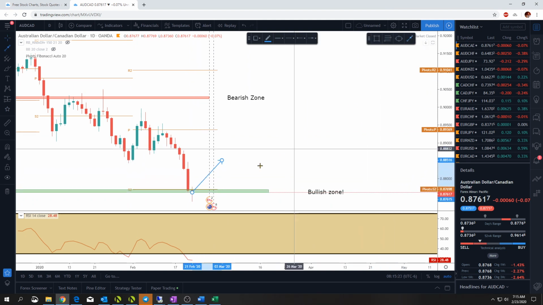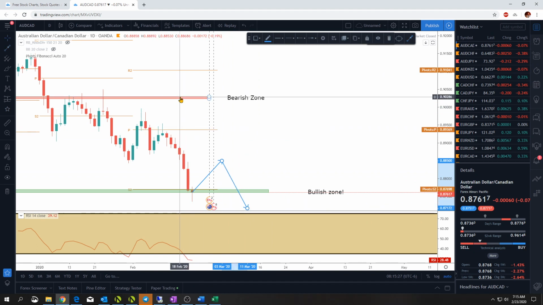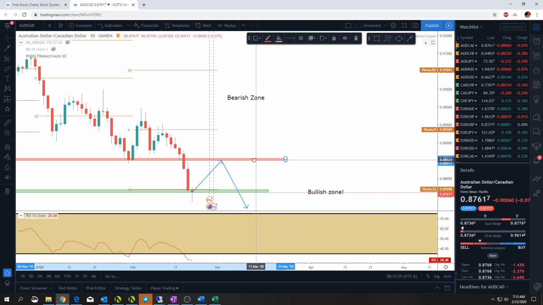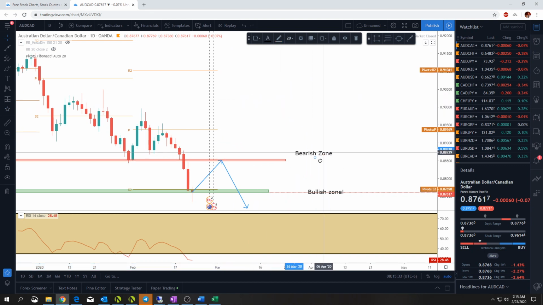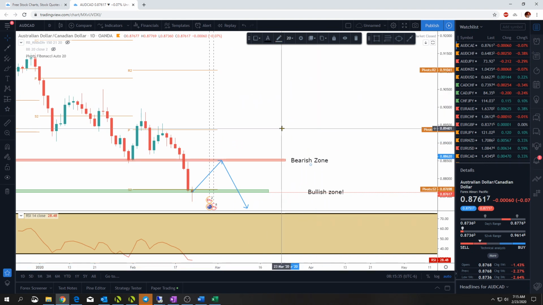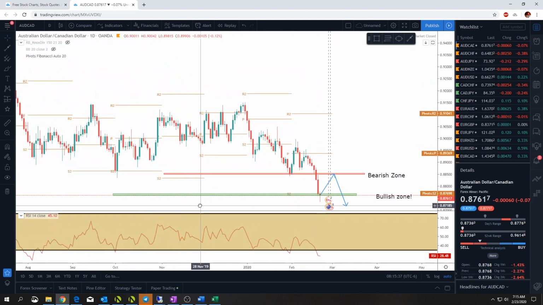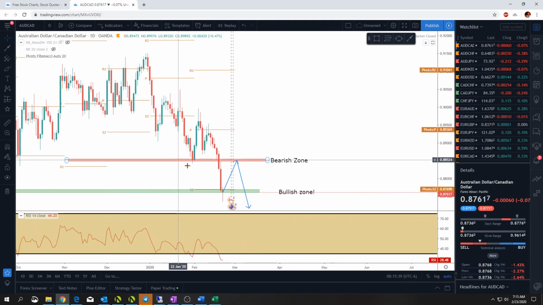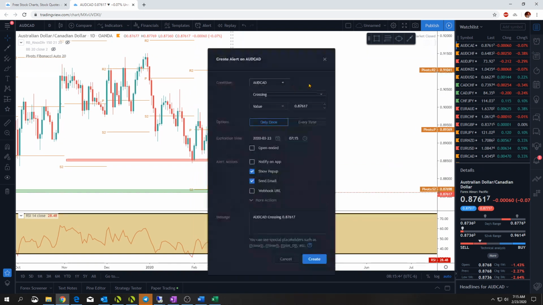And then from there, you could have a possible continuation of this trend. So I'm going to move the bearish zone right there. I'm going to go ahead and put an alert right here for a sell, 88460.